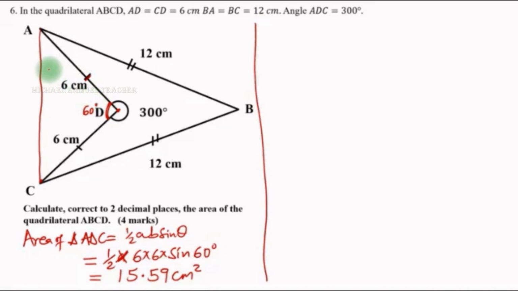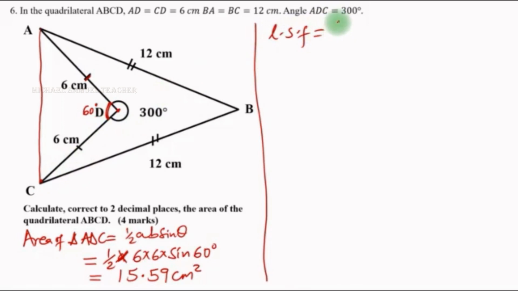But you have said that triangle ADC and ABC, they are similar. That means side AD corresponds with AB and BC corresponds with DC. Therefore, we need to get a linear scale factor.